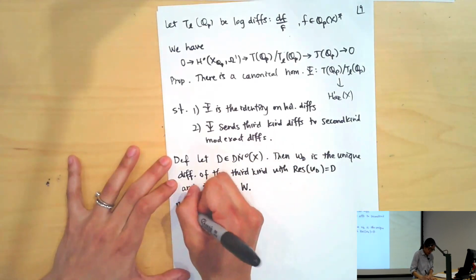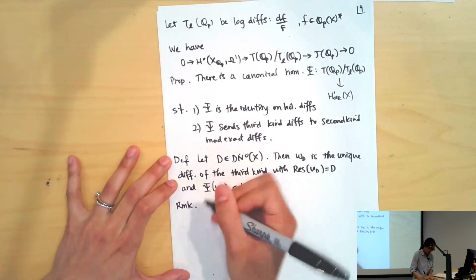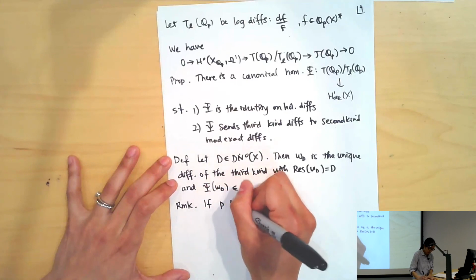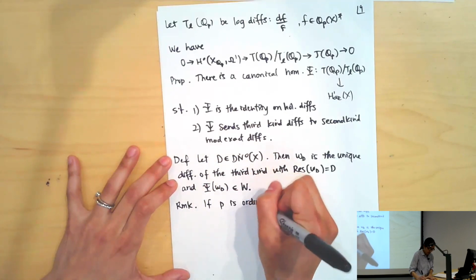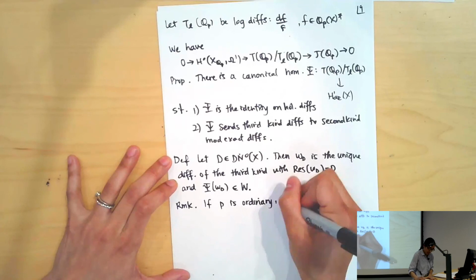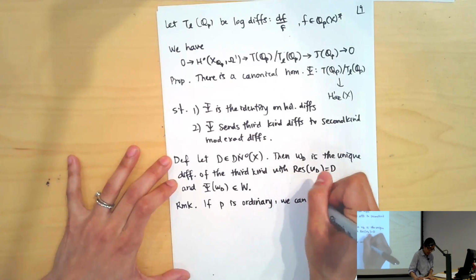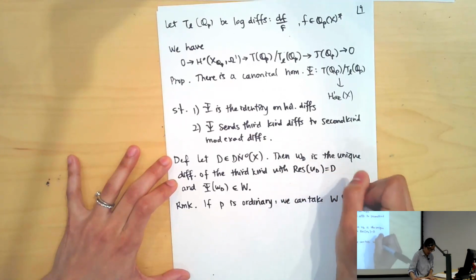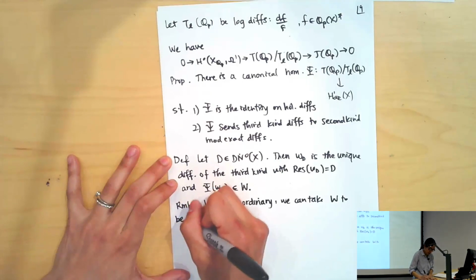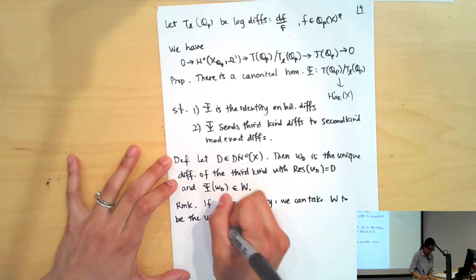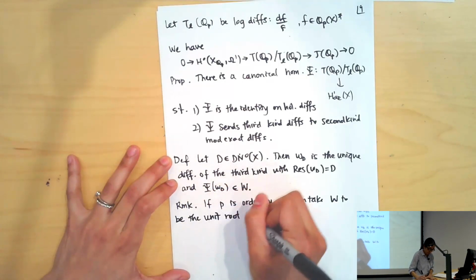So here is one choice for the complementary subspace. If P is a prime of ordinary reduction for the Jacobian, then we can take W to be the unit root subspace for Frobenius.